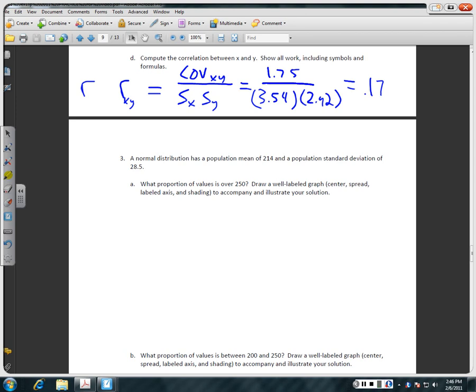And then if you have your values in list 1 and list 2, and your x list says L1 and L2, you're fine. If not, change your x and y list to match where you put the data. And then just go down and hit calculate. Now you have to arrow down from there. You can see at the very bottom you'll have A, which is the y-intercept. If you arrow down once, you'll get B, the slope. But if you keep going down a little ways, you'll find R, and it's 0.17.